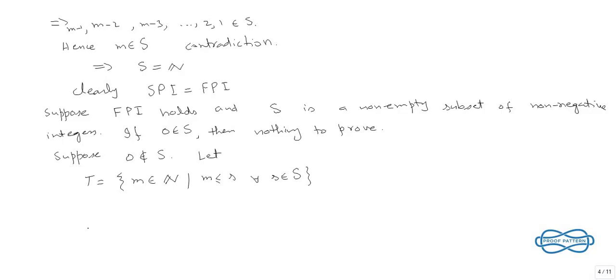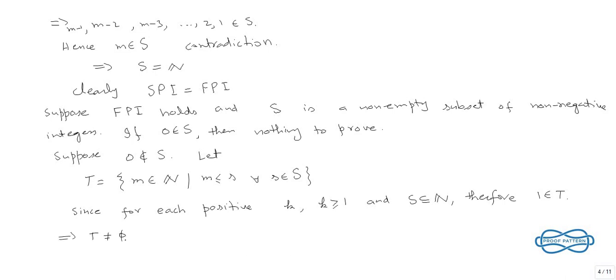Since for each positive k such that k is greater than or equal to 1, and S is a subset of the set of natural numbers, therefore 1 belongs to T. This means T is non-empty.